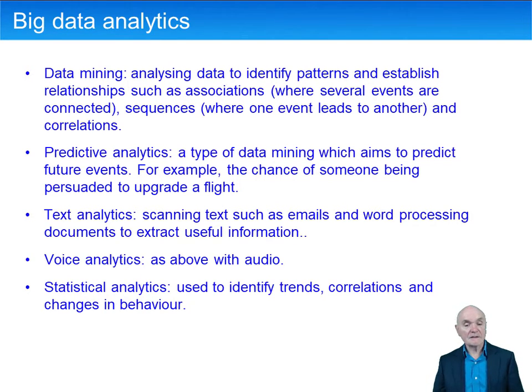Predictive analysis here, trying to predict what might happen. Airlines will know, for example, from their experience of a particular passenger, that sometimes they go business class. Not always, but sometimes they push the boat out and they go business class. So what would happen if somebody booked economy class, and you kind of know at the back of their mind they maybe quite like to go business class, but maybe they can't justify the expenditure?